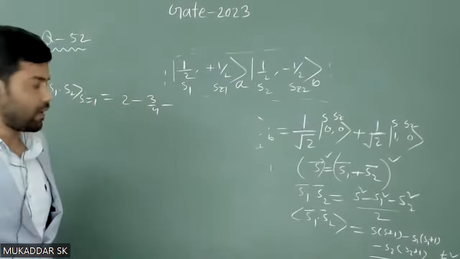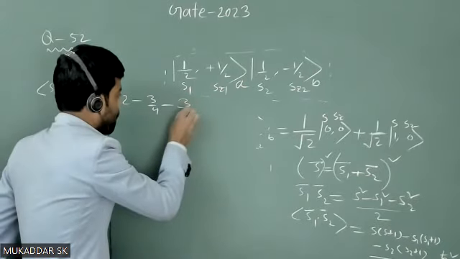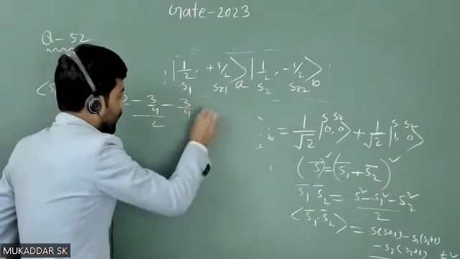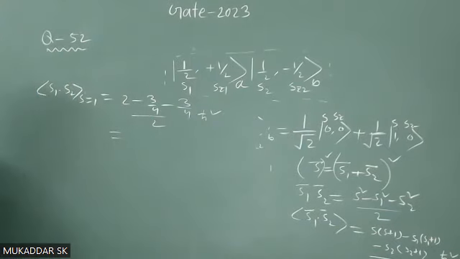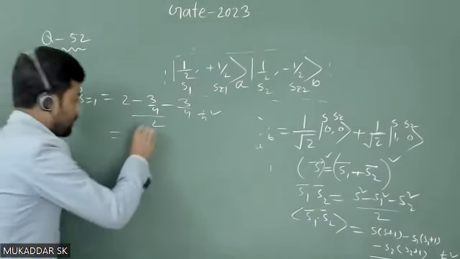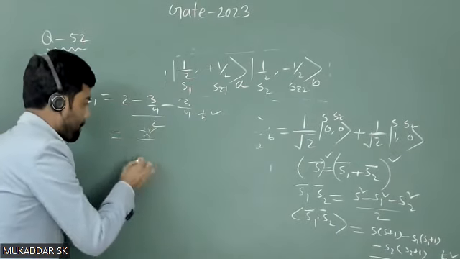Again S2 is half, so it will give you 3 by 4, and divide by 2 and you have h cross square. So we solve it, you'll basically get h cross square by 4.